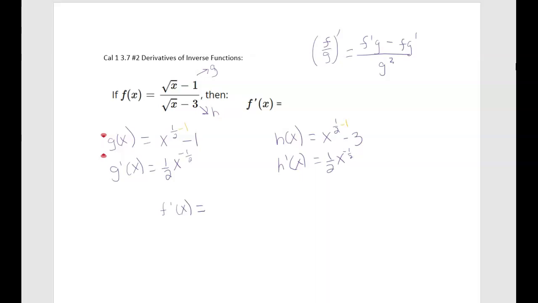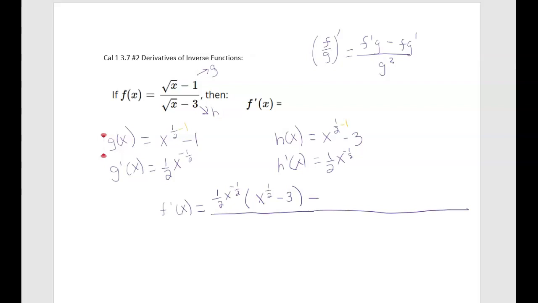First derivative for the numerator is going to be 1/2 power times the second function, and that's all divided by, well, let's just run that out there.